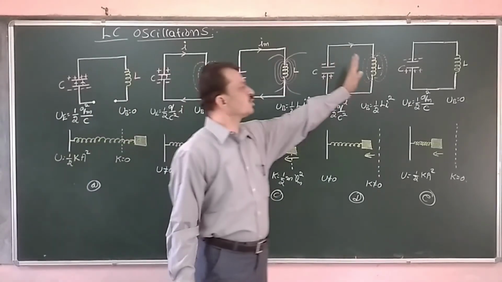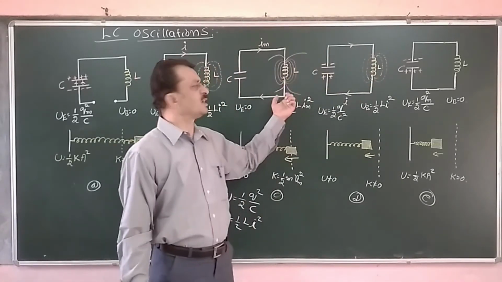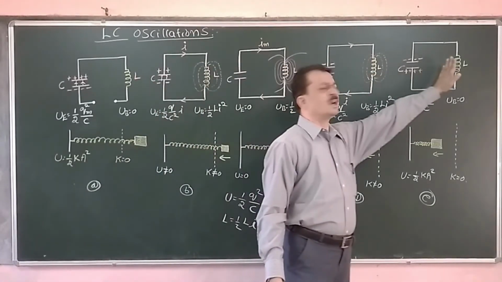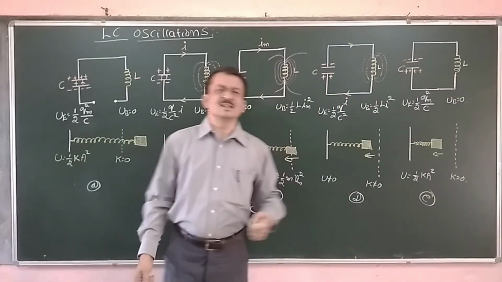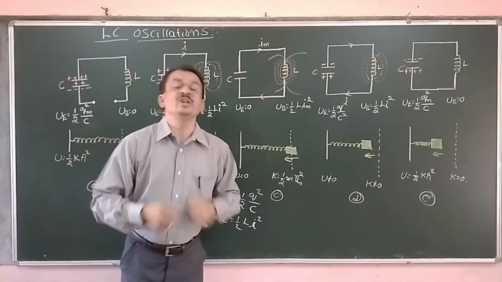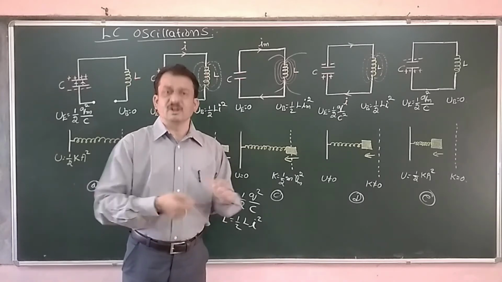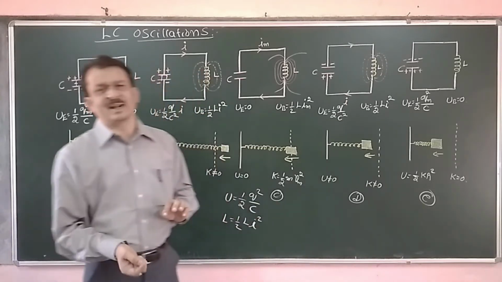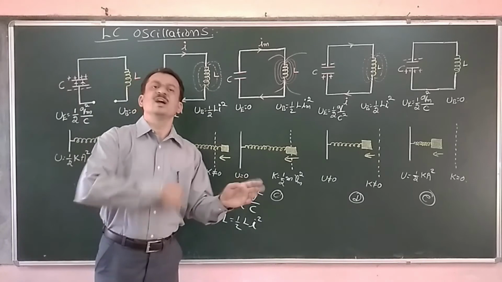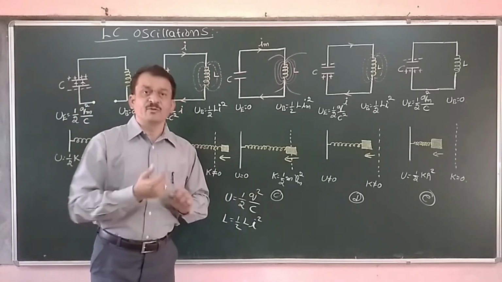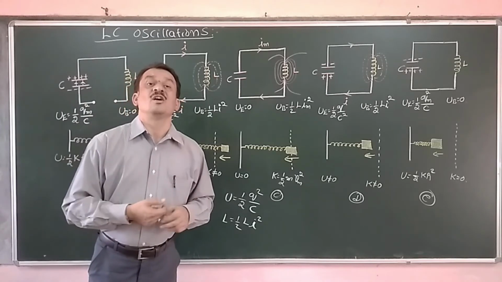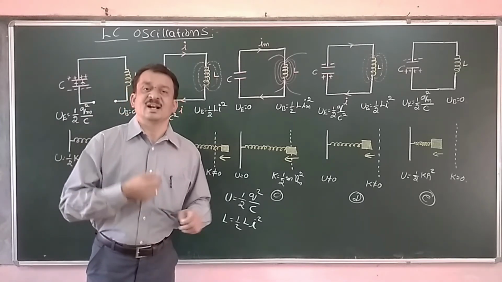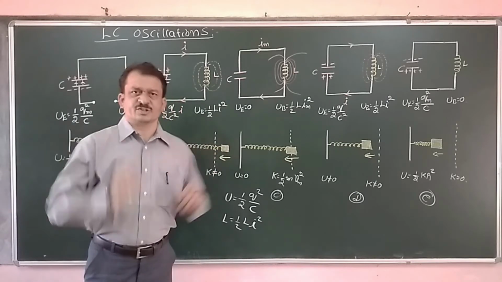Once again, it converts from magnetic energy to electric energy, and here the entire magnetic energy gets converted into electrical energy. So this cycle continues, converting electrical energy to magnetic energy and magnetic energy into electrical energy. Therefore, the charge and the current oscillate, that is electrical oscillations.